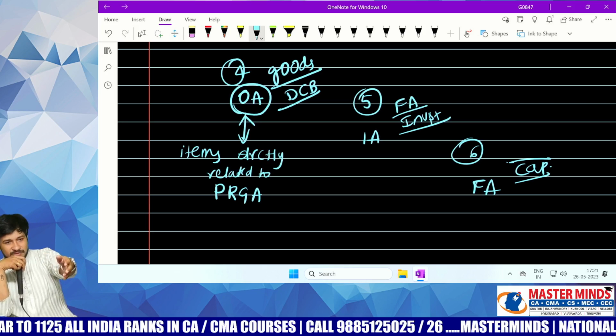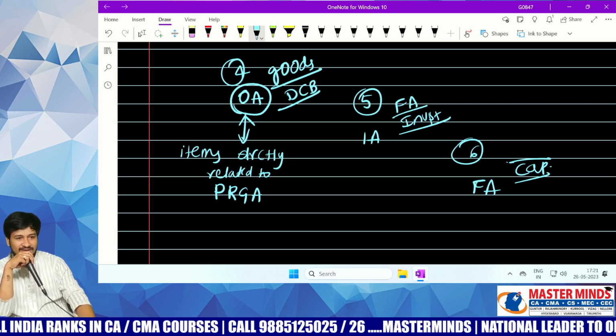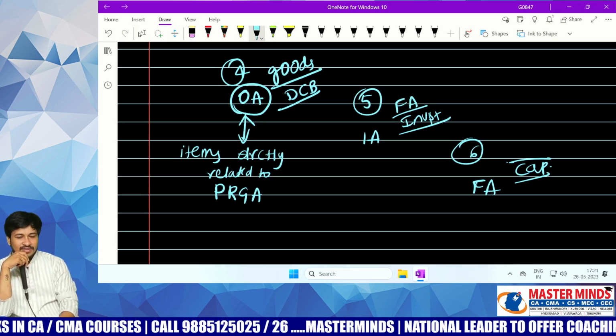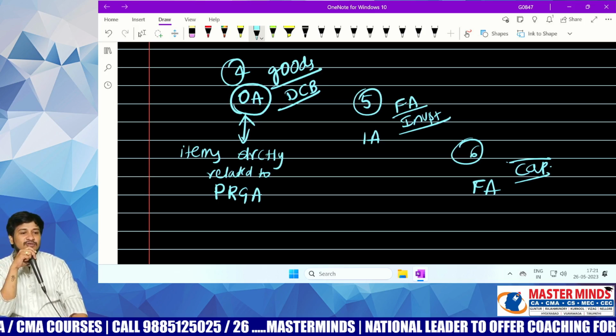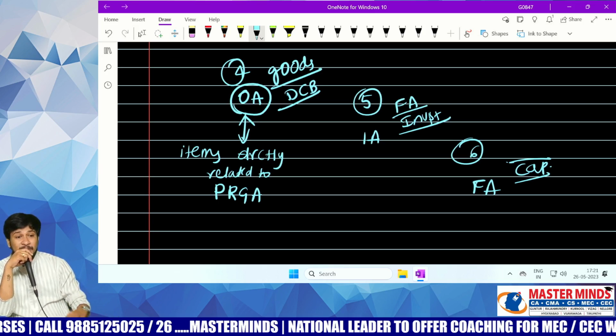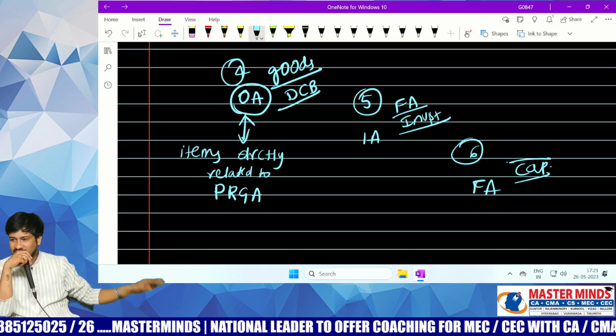I guess you're a new person, but this is not that tough a concept. You have to respond. That's it: operating activities are those items which are directly related to principal revenue generating activities.